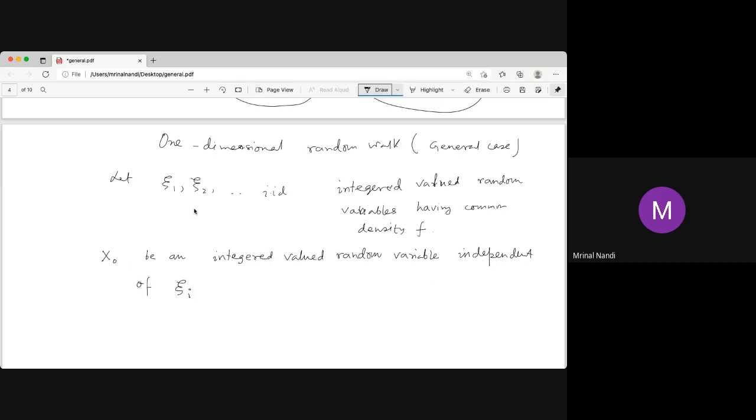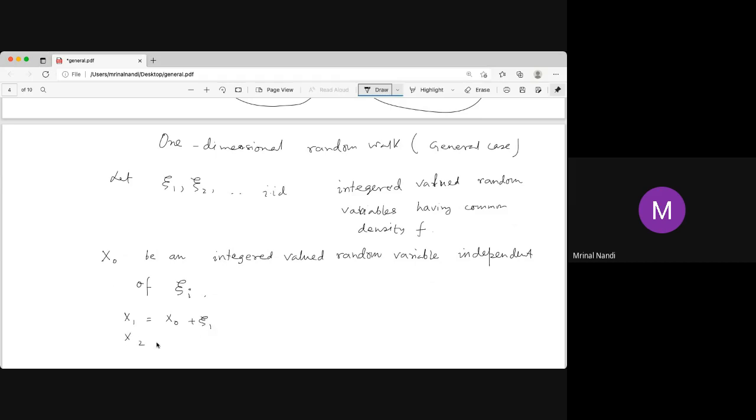So that means xi1, xi2 are each independent, as well as x0 being independent of xi1 and of xi2. Now define x1 as x0 plus xi1.